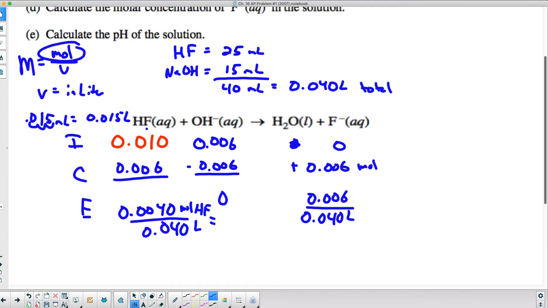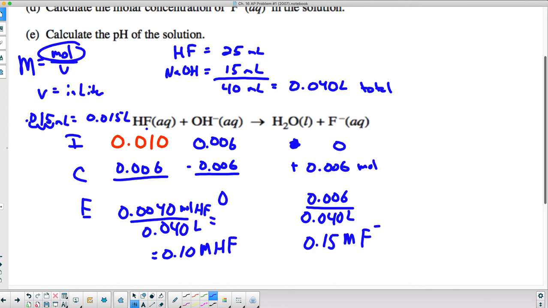So 0.004 divided by 0.04 equals 0.1, so the concentration of HF is that. And 0.006 divided by 0.04 is 0.15, and that's the concentration of F minus. That's going to become important.